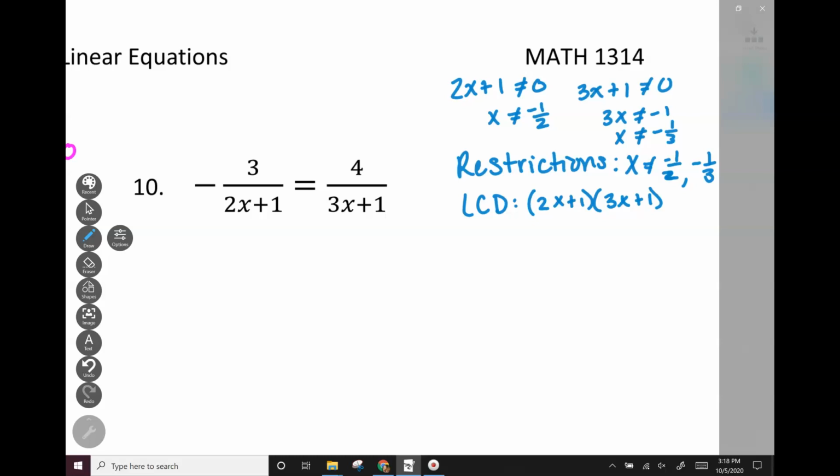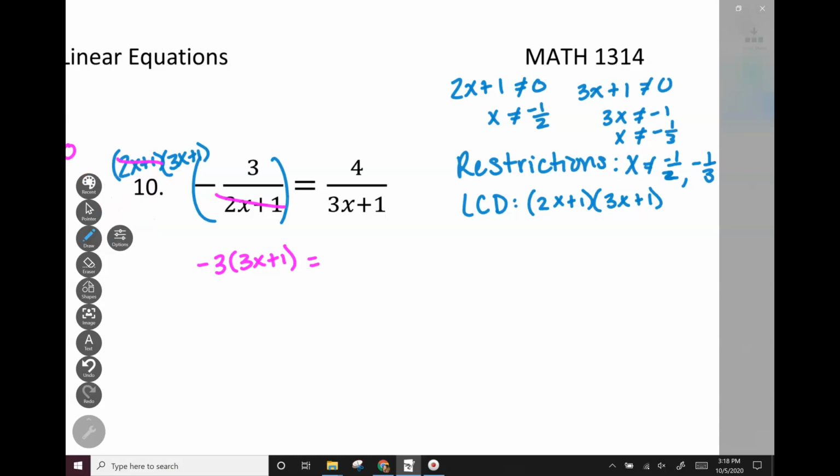So if I multiply this side of the equation by 2x plus 1 times 3x plus 1, then notice the 2x plus 1 here and here are going to cancel, and I will be left with negative 3 times 3x plus 1.